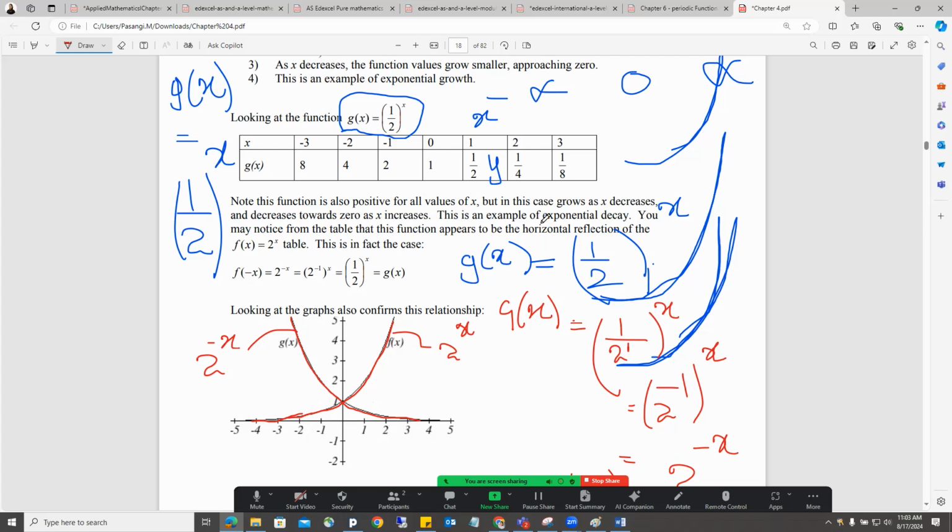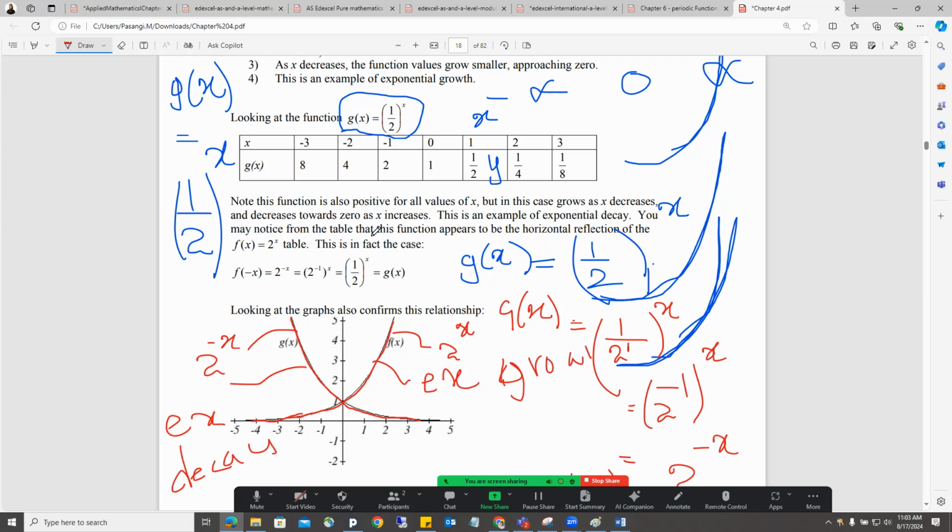This is an example of exponential decay. This one is exponential growth. You can see this one is exponential growth, and this one is exponential decay. Okay, is it clear for you? Yes.